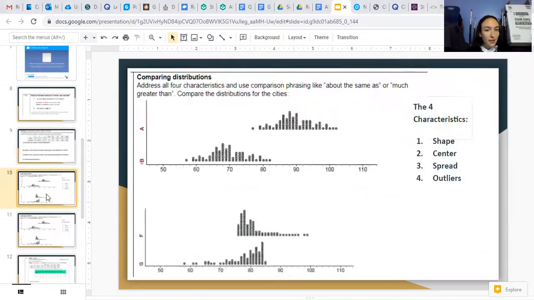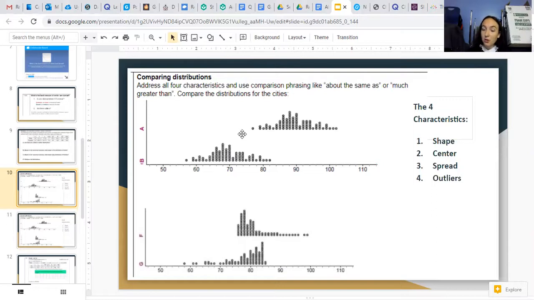The last thing I want to point out, anytime that you are asked to compare distributions, and you will be asked to compare distributions on your quiz, you need to list all 4 characteristics. So you're going to compare first the shape of 2 distributions. So for example, for question A and question B, I might say that the shape of distribution A and distribution B are similar.